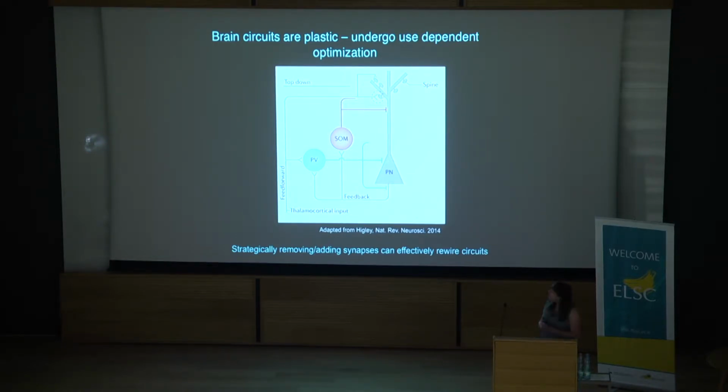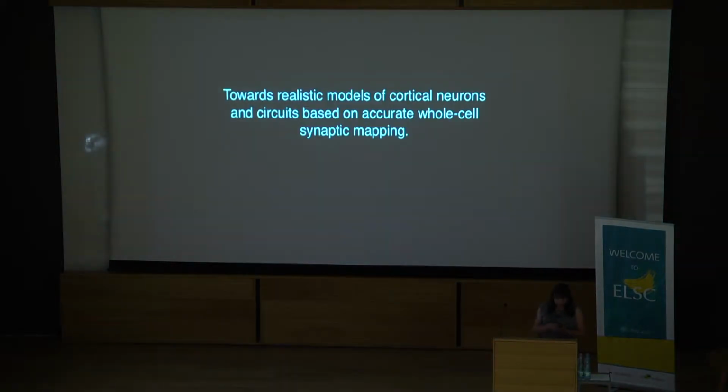And the question is, can we integrate this type of information into models that would be more realistic? The idea is to introduce accurate synaptic mapping information into models to make them less generic.